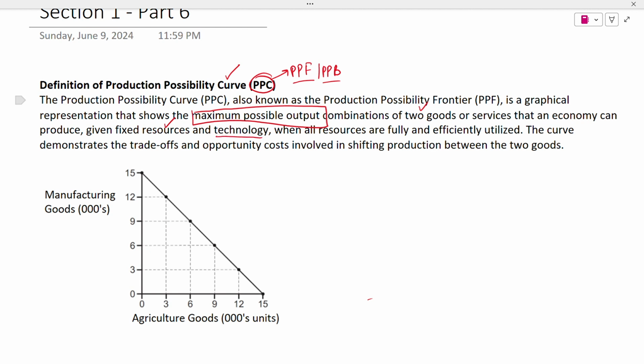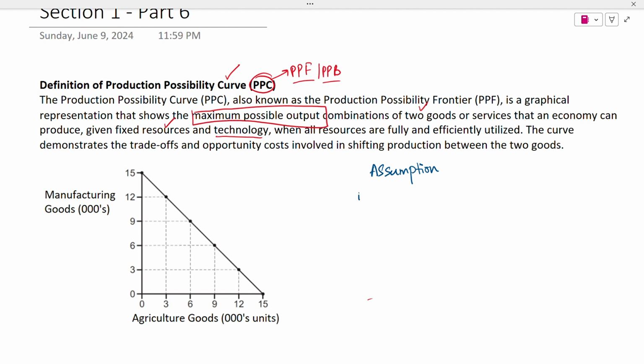It shows how much output the economy can produce of two goods and services when it utilizes all of its resources, all of its factors of production. Now, there are some certain assumptions that we make when we draw the PPC, and they are essentially stated in the definition as well.